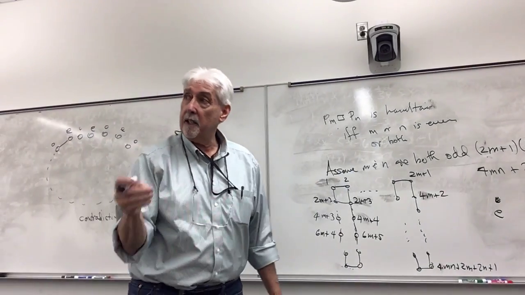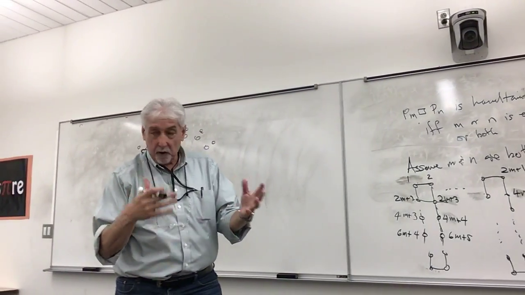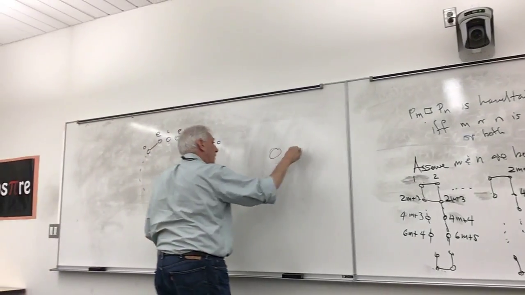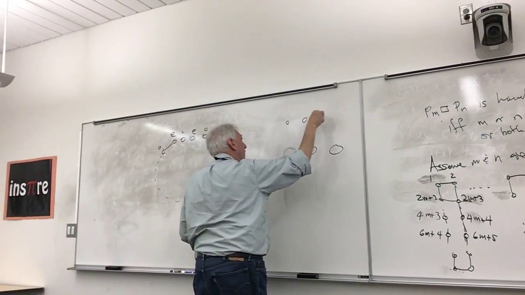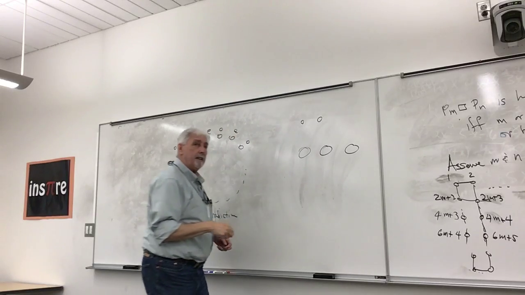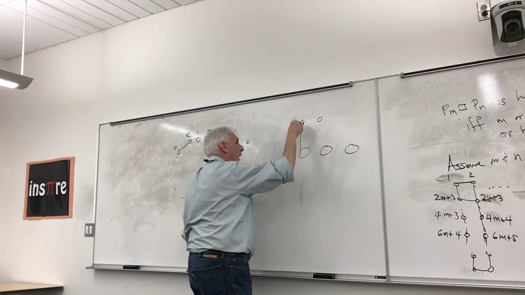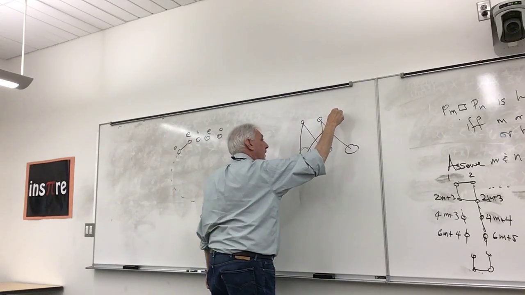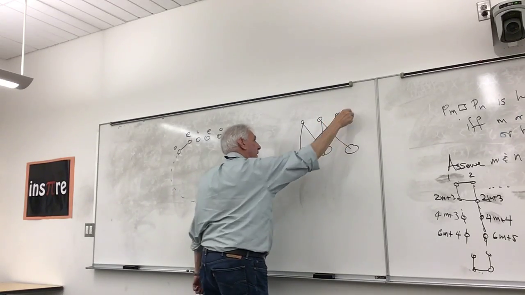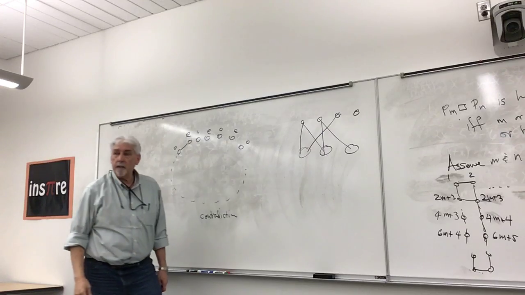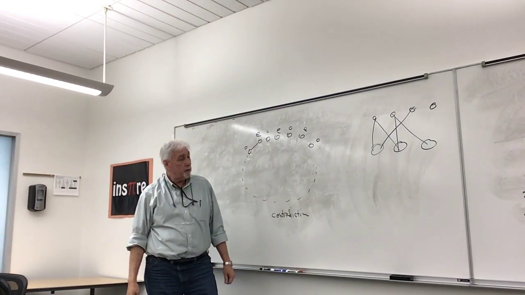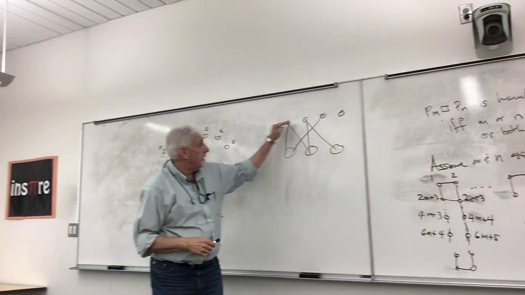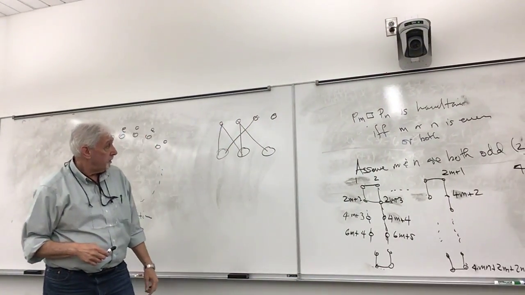We already saw that on several examples, where if I have several components and fewer vertices than there are components, then there's no way to connect these. There's no edges here. There's no edges here. Okay.